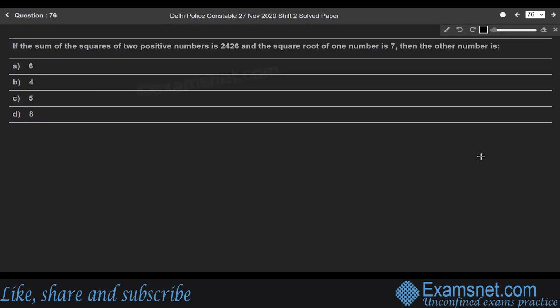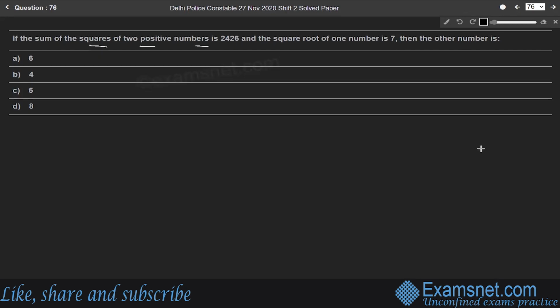Question 76. If the sum of the squares of two positive integers is 2426 and the square root of one number is 7, then the other number is.